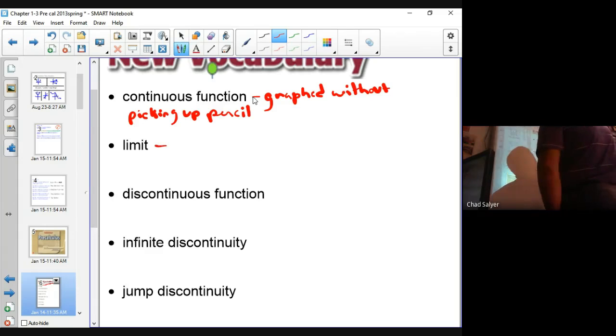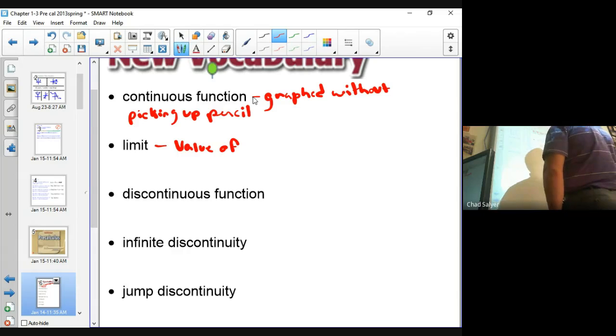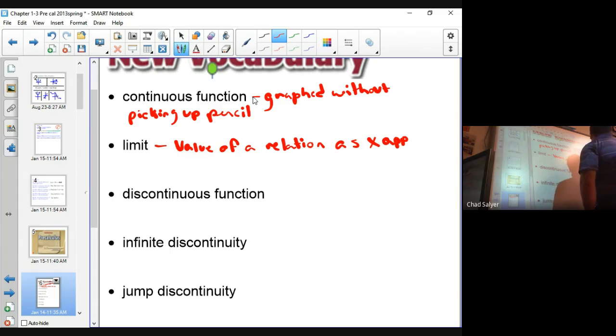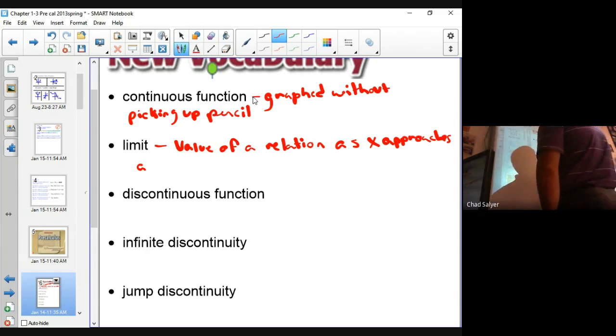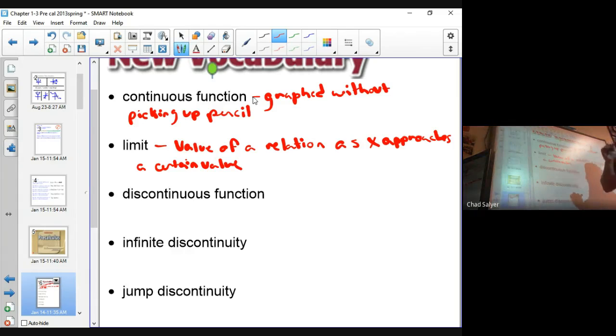So a limit is a value of a function, well, of a relation. It doesn't necessarily have to be functional. The value of a relation as x approaches a certain value. So there are pretty good reasons why we wouldn't want to go all the way to a certain value.